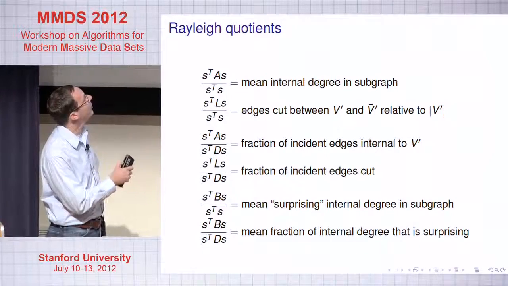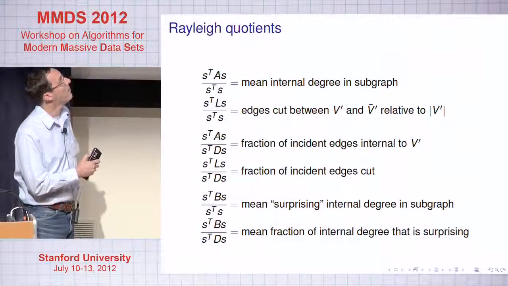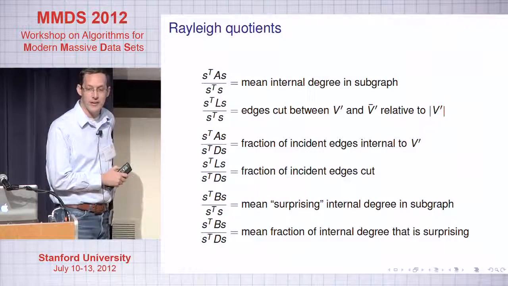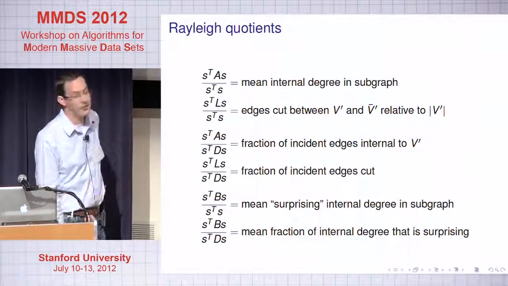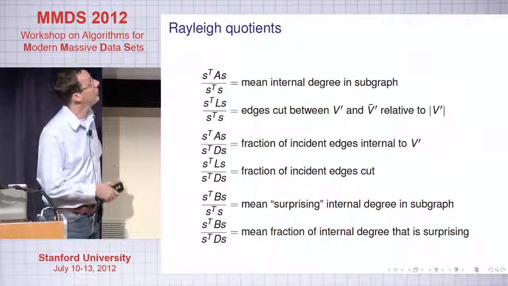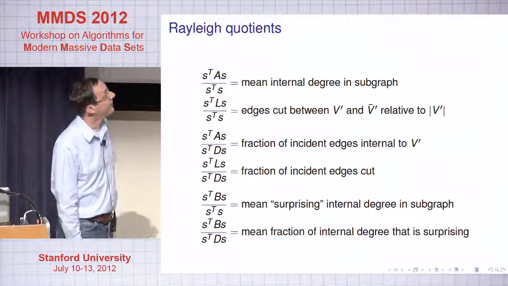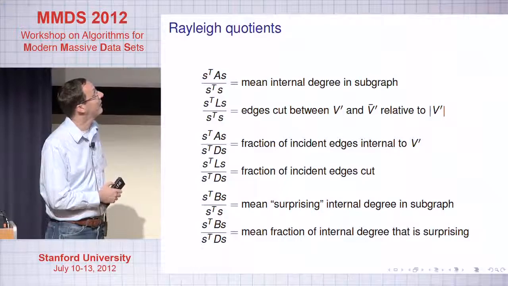So for example, if I look at S transpose AS over S transpose S, that's the number of edges in an induced subgraph divided by the number of nodes. So this is the mean internal degree inside of some subgraph. S transpose LS divided by S transpose S is the number of edges cut relative to the size of your set.